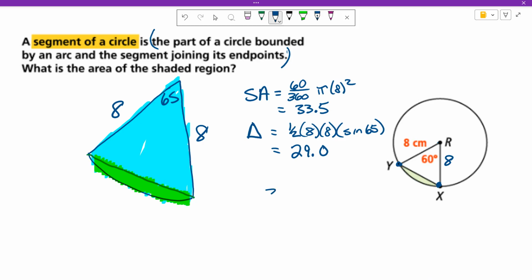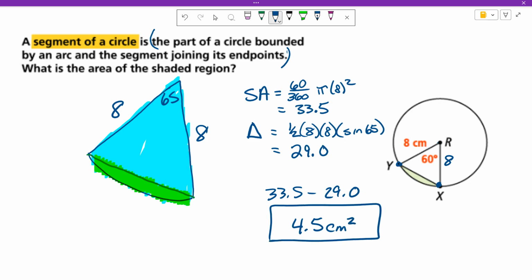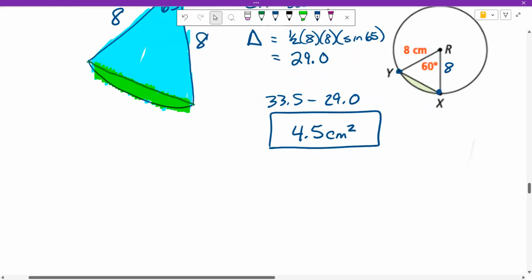Okay. So we take 33.5 minus 29.0 is 4.5 centimeters squared. The area is always squared. That's the area of the segment.